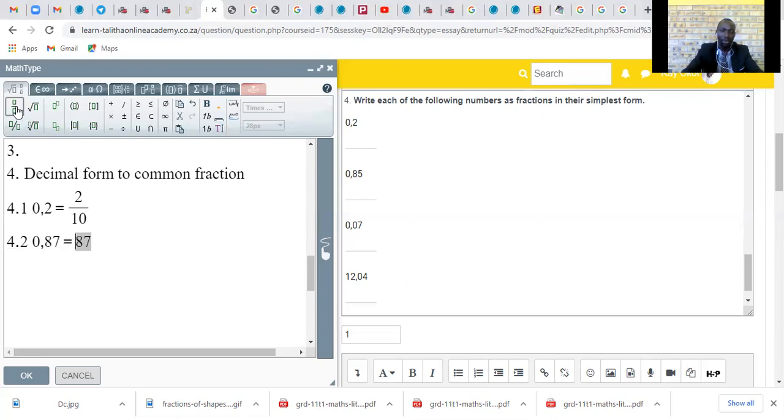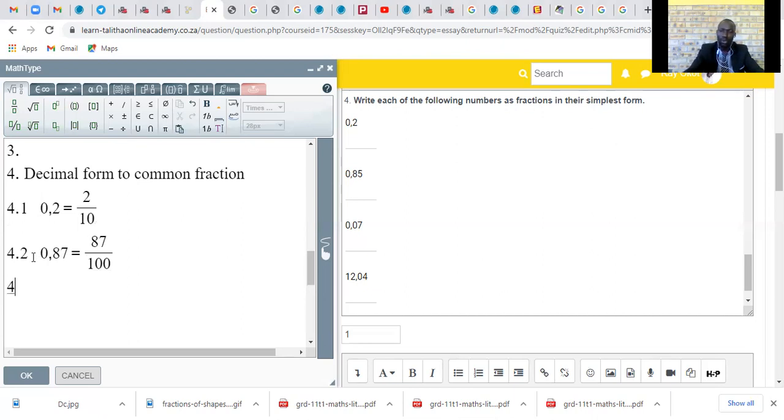And so we want to divide this with respect to 7. And so we have to divide it by 100. That is how we convert these fractions from decimal to a common fraction.